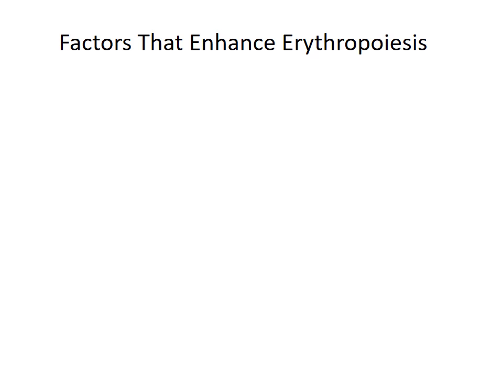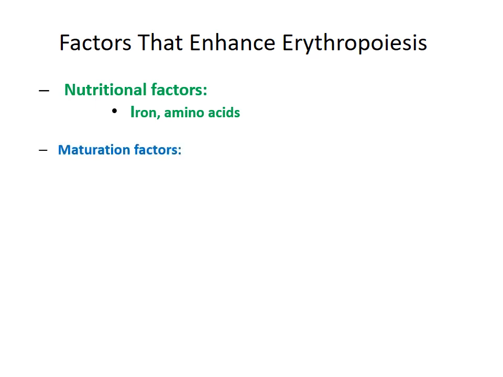Now let us look at the factors that enhance erythropoiesis. It is classified under nutritional factors, which include iron and amino acids, which are usually supplemented as a part of the nutrition of the body. There are maturation factors.